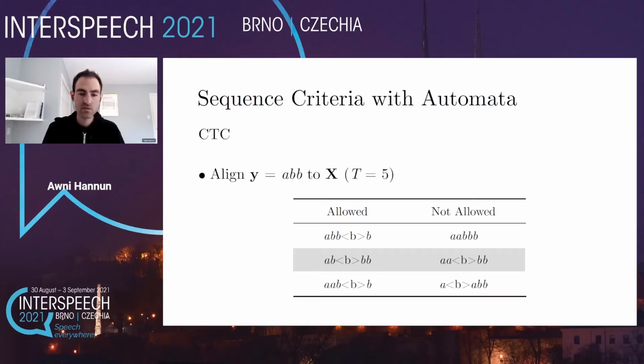In the first row, this corresponds in CTC to the sequence AB, since there's no blank token between the Bs, so they all collapse into a single B. This corresponds to the sequence AB again, because there's no blank token between the Bs. And this corresponds to the sequence AAB, because there's a blank token between the 2 As. So all of these are the wrong sequences.